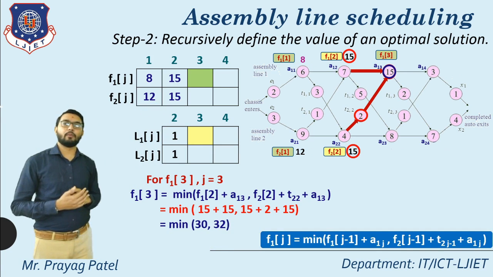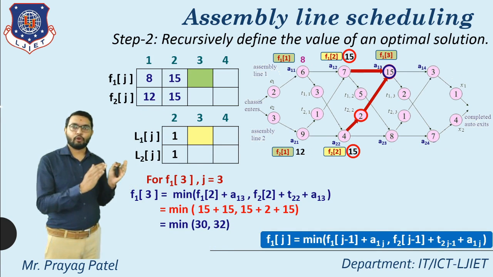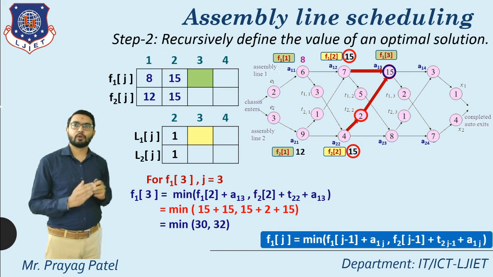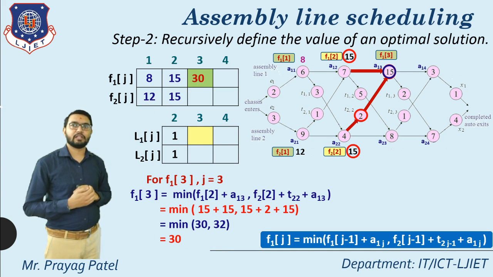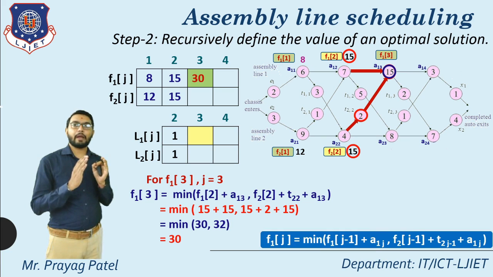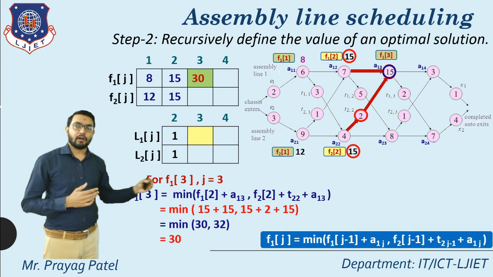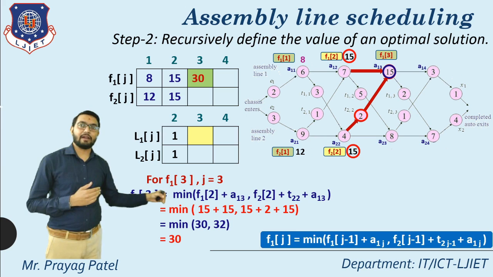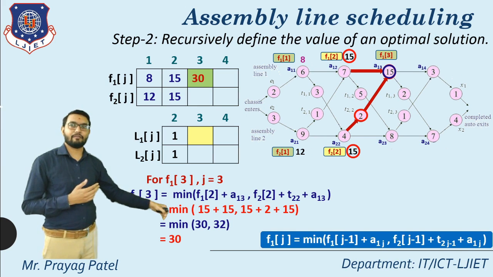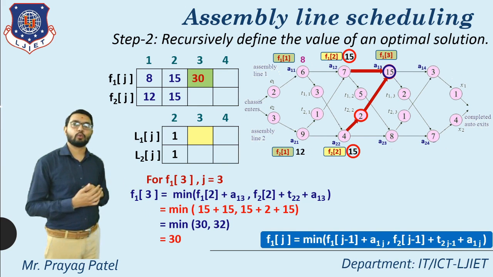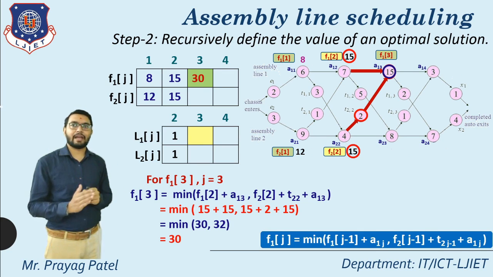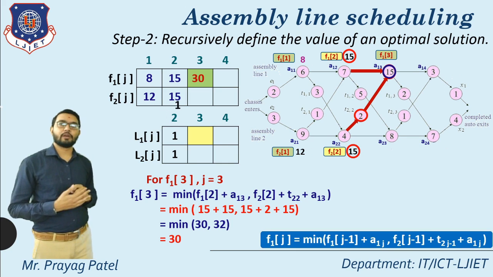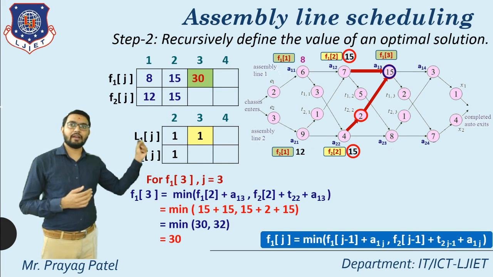So consider the minimum of 30 and 32. The minimum value is 30, so put 30 at our location F13. Now what is the value of L13? Our answer is found from line 1 or line 2. Here line 1 gives 30 and line 2 gives 32. So 30 comes from the first option, meaning line number 1, so put the value 1 in our line table.